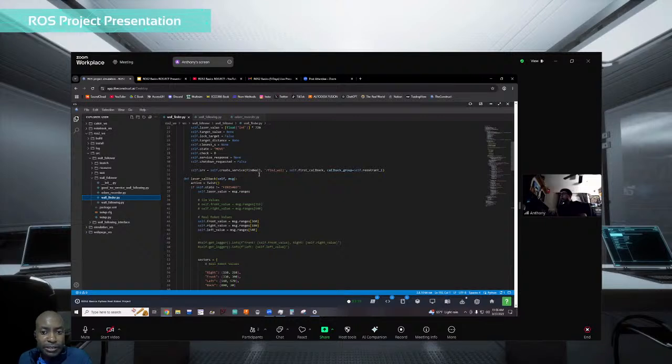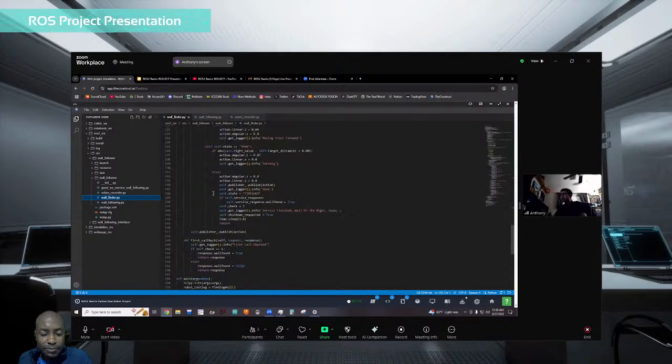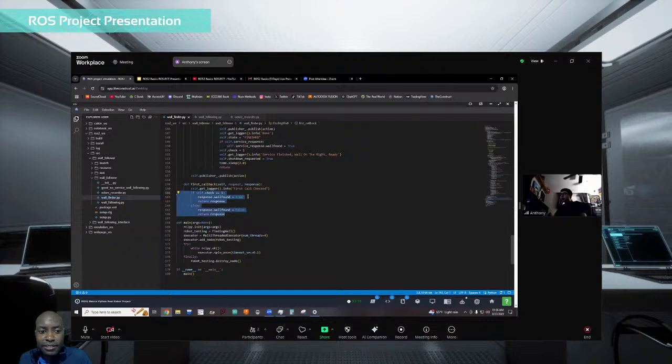What I noticed is it basically forced itself to go in there again and run concurrently with the other callbacks. I want this to be checked a lot, as it's what tells the client that the wall was found. If I didn't include it, this basically would not be checking.